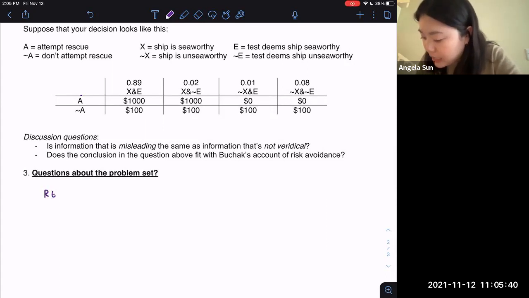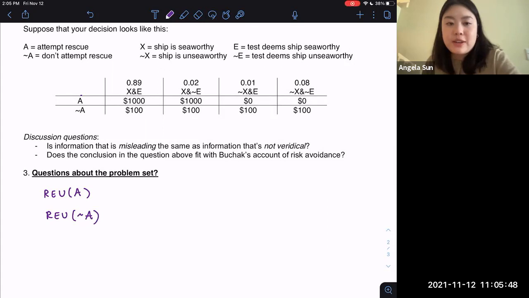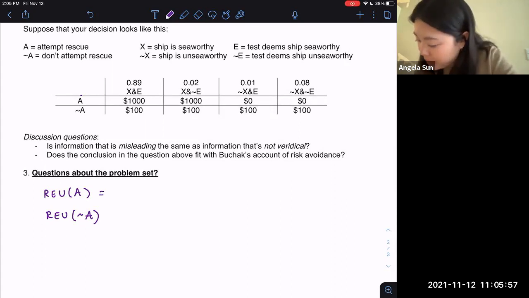Here we're just going to take the risk-weighted expected utility of A, and the risk-weighted expected utility of not A, and whichever one is greater is going to be the risk-weighted expected utility of not performing the experiment. So for the risk-weighted expected utility of A, we're looking at this first row of the table.